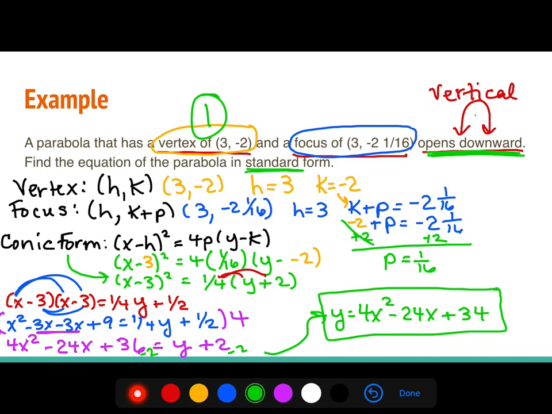But if I have the weird words focus or directrix, that means I'm going to use those formulas on the slides. So I have to figure out if it's vertical, that means it goes up and down, or horizontal, those are C-shaped. It's important to pick which one first so you get the right formulas. From that, I wrote in black the formula for vertex, focus, and conic form.